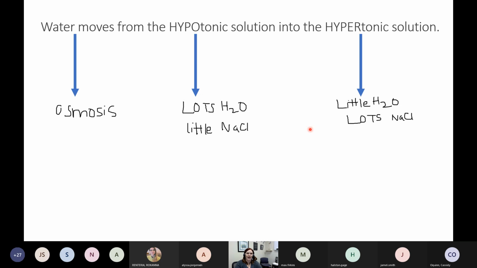We'll talk a little bit next time about how we use diffusion to help us with breathing. The way that we get oxygen into and out of our cells is actually using diffusion. But we don't do too much diffusion in our cells because our plasma membrane is kind of like a bouncer at a bar, and it's not going to let very many things inside.